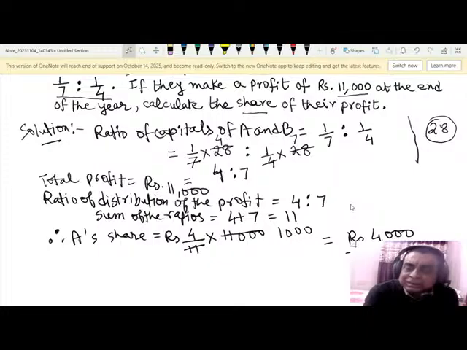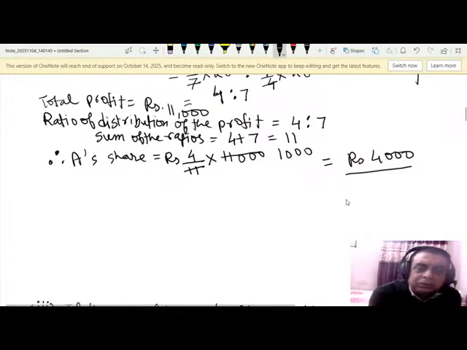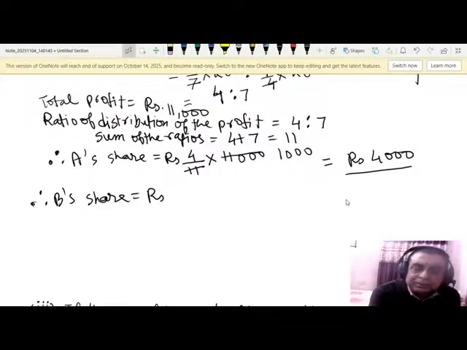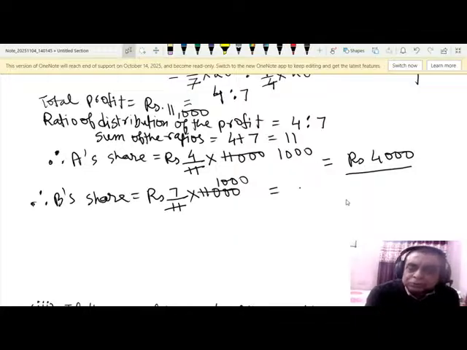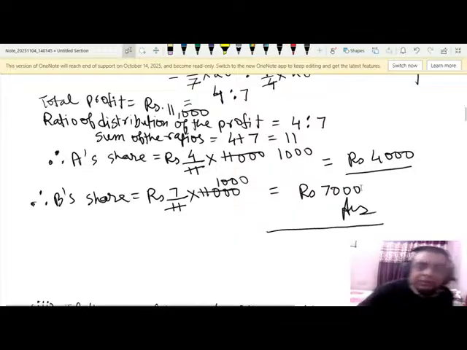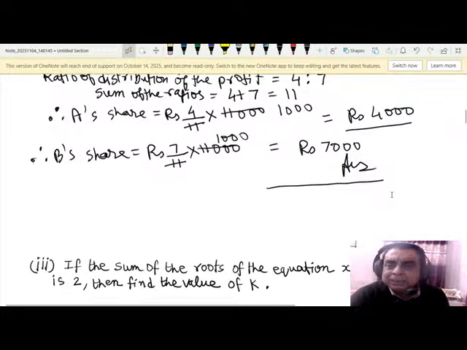So A is getting 4,000. Therefore B's share is 7 parts out of 11 parts, multiplied with 11,000. Divide 11,000 by 11, you get 1,000. So 7 times 1,000 is 7,000. So the share of B is 7,000 and A is 4,000. That is the answer.